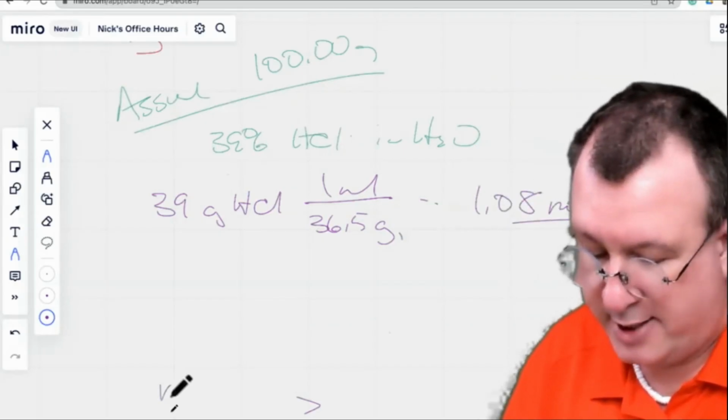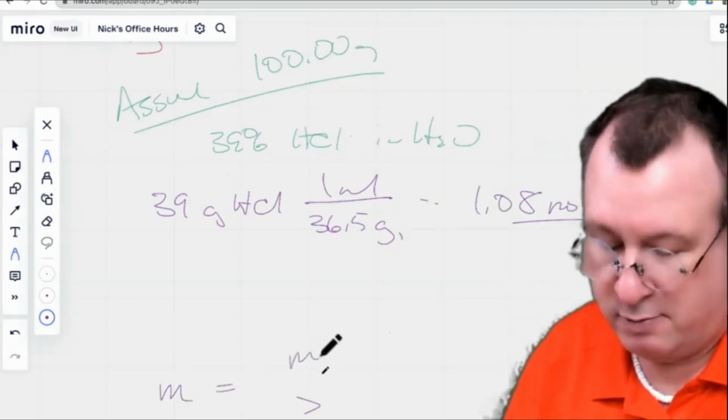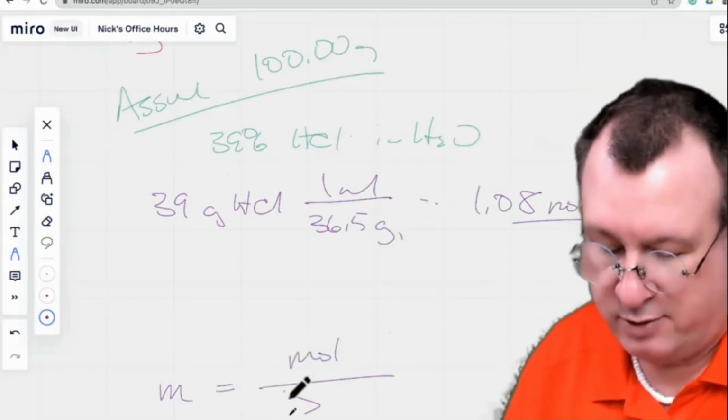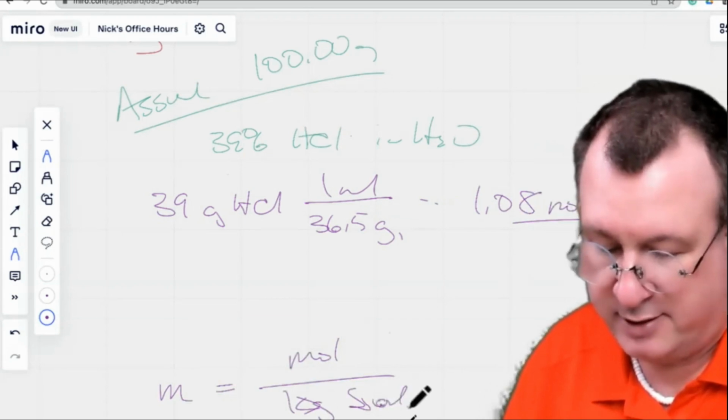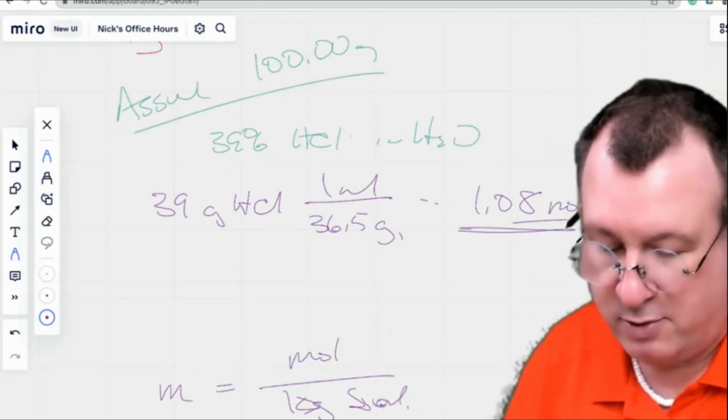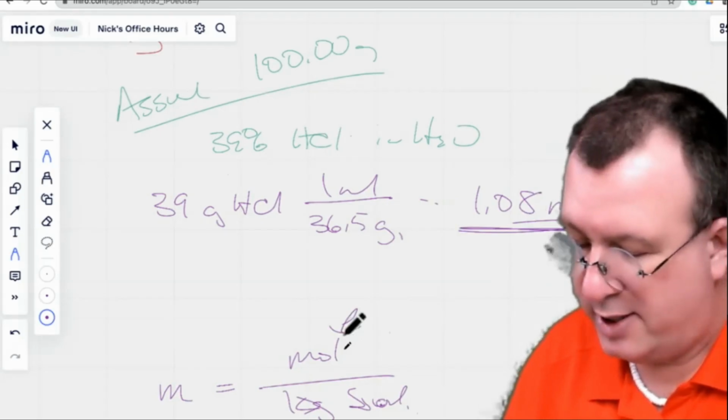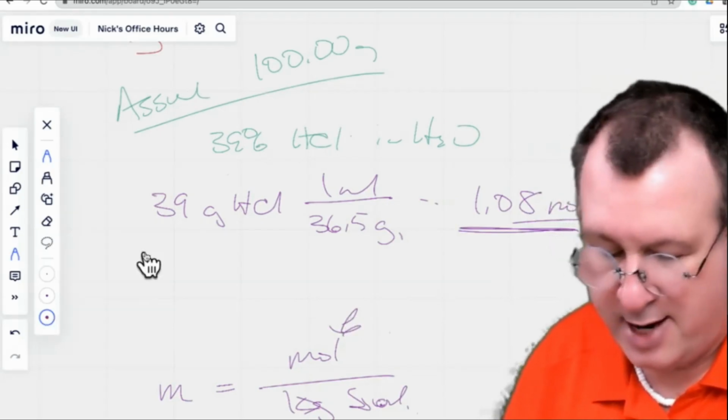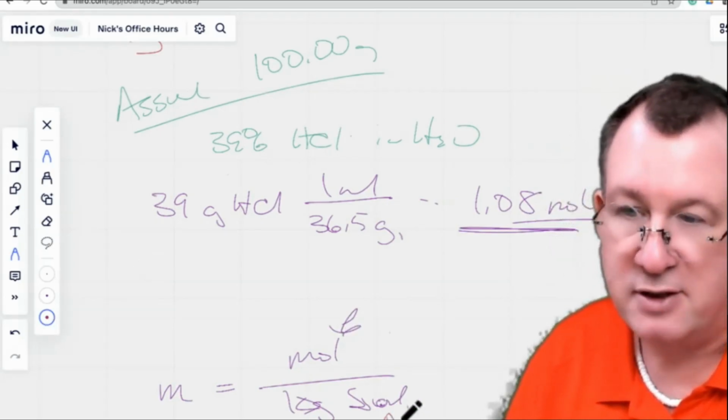And molality is just moles of the solute over kilograms of the solvent. So this is going to go right here. And now all I need is the mass of the solvent.